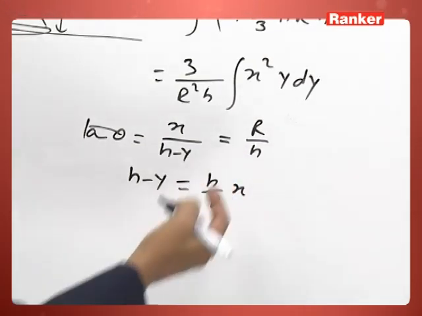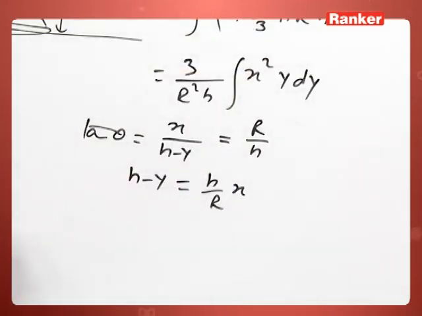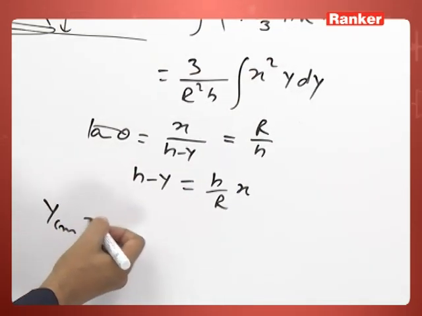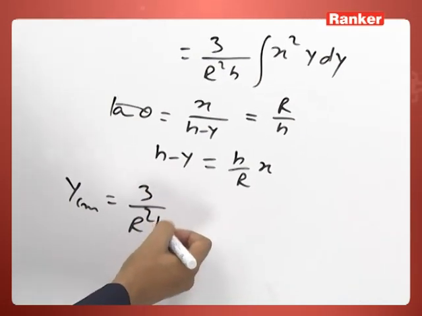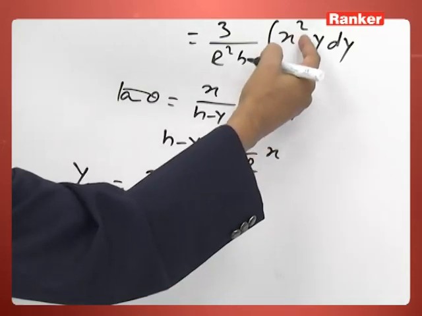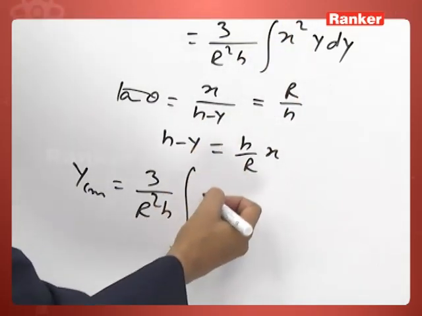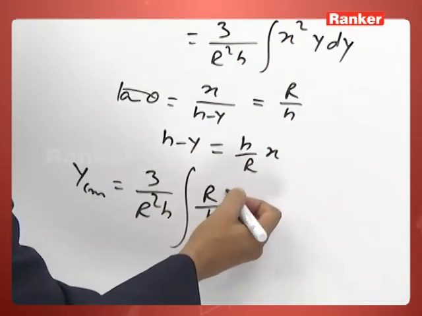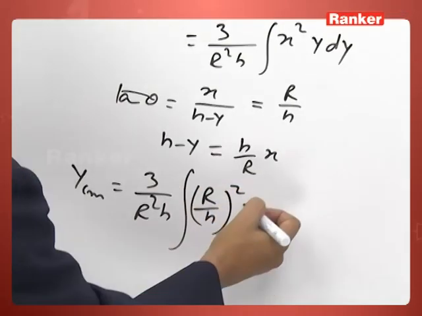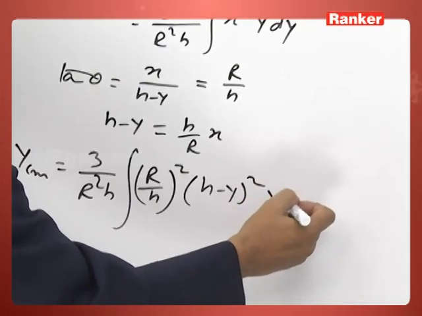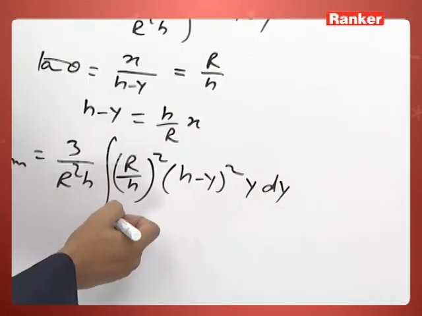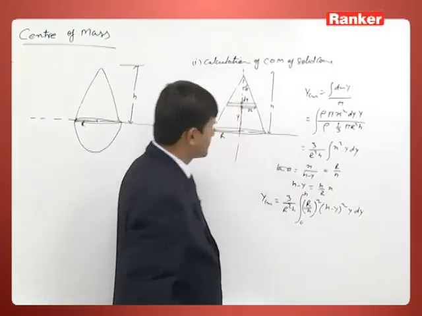So the value of x we can put, then see. So YCM is equal to 3 by r square h, where x square is equal to r by h whole square into h minus y square, into y dy, and the limit is 0 to h.